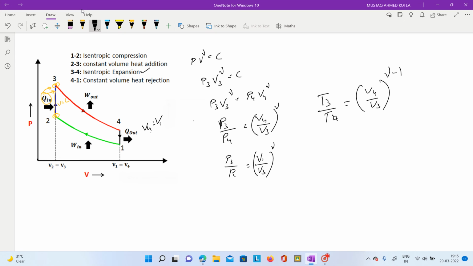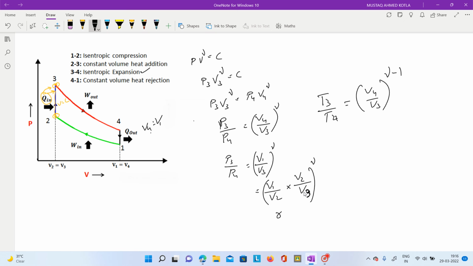Then it can be written as (V1 by V2 into V2 by V3) whole power gamma, right? See V1 by V2, what did we get? It is the compression ratio, small r, right?